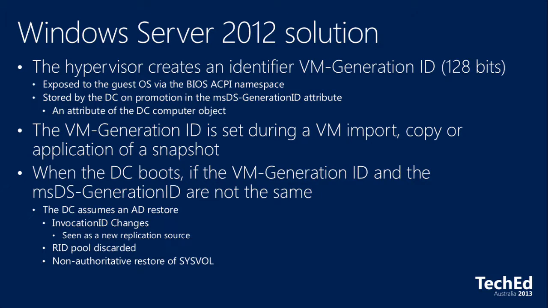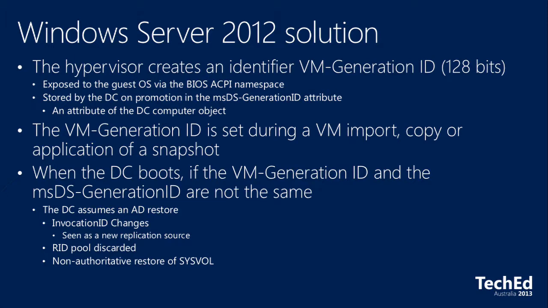Whenever a domain controller starts up, and whenever it goes to write in the AD database, it has a look at what it thinks the copy of the VM generation ID is, and the underlying host, the hypervisor platform, asks it what the VM generation ID is. And if the two are the same, it goes, we're all good, I am who I am.